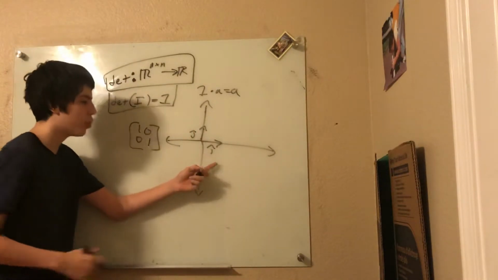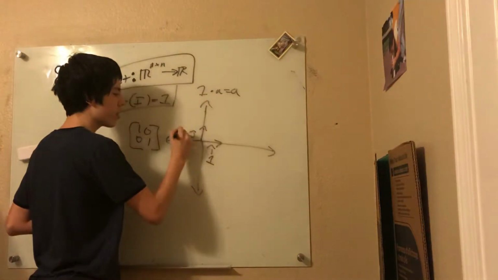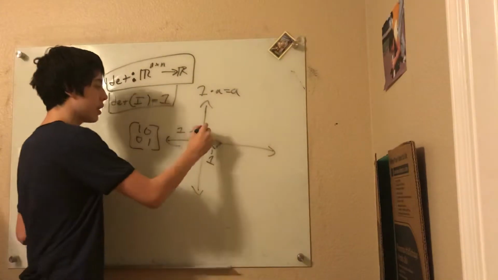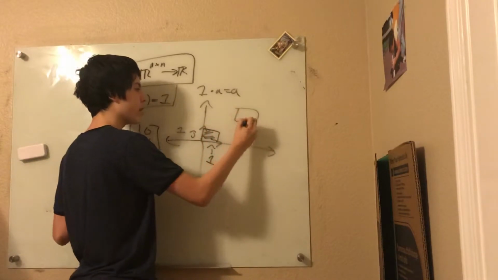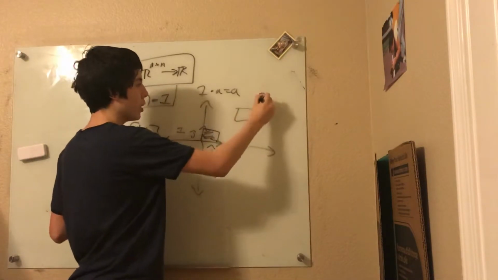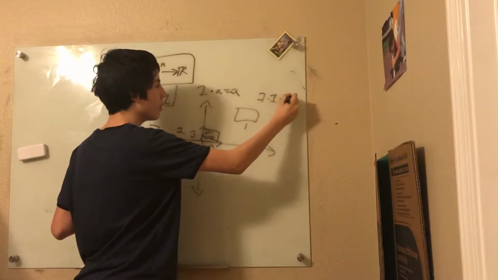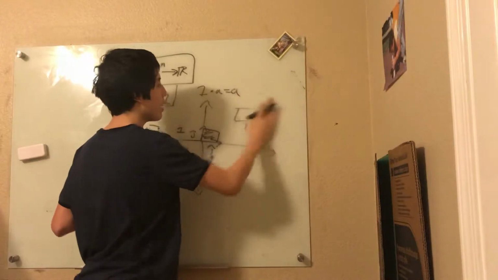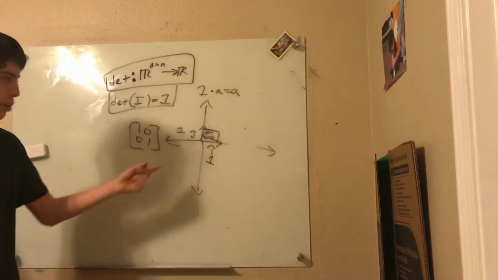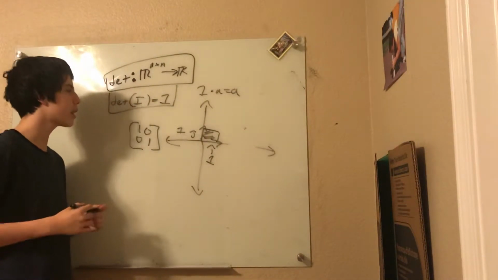So this length is 1, and this length is 1, and the area is going to be the area of a square with one side, right? So 1 times 1 is 1 unit squared. So that makes sense, right? So the area between that is just going to be 1, right?